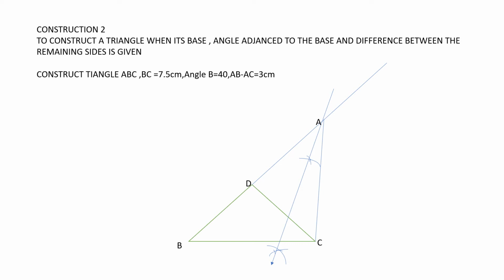Here, if you mark after making everything, somewhere here L, this will be your 3 centimeter. AB minus AC, whatever the length, if you subtract AB from AC, it will be 3 centimeter, right?